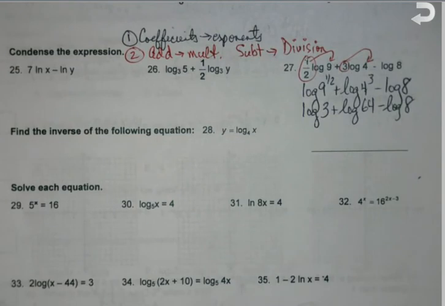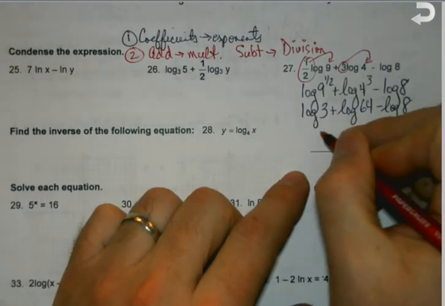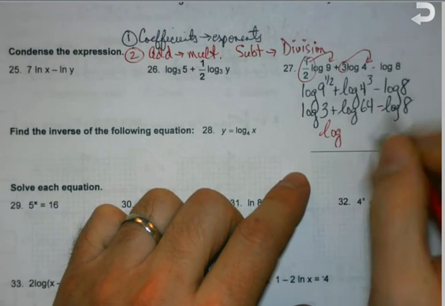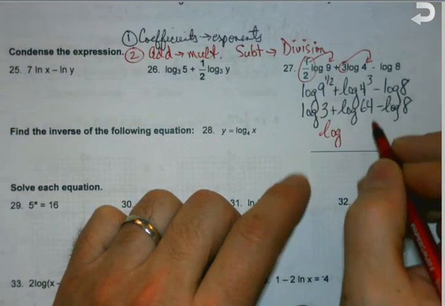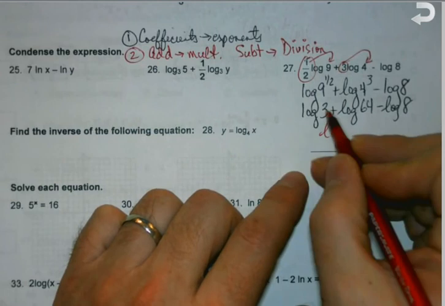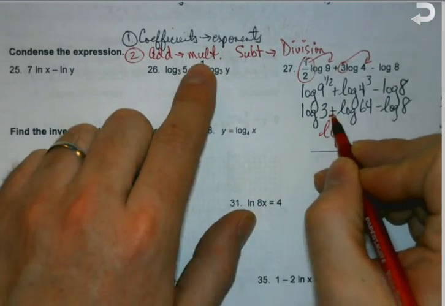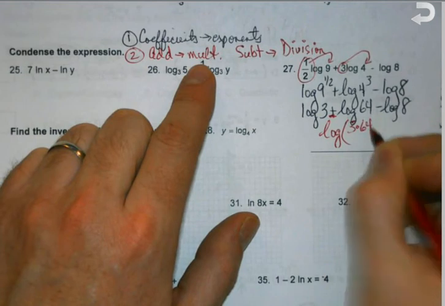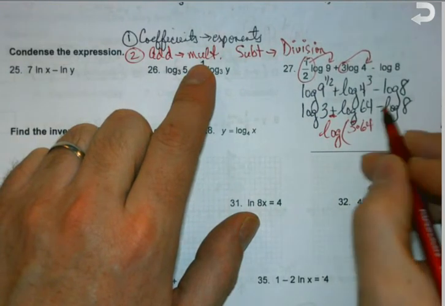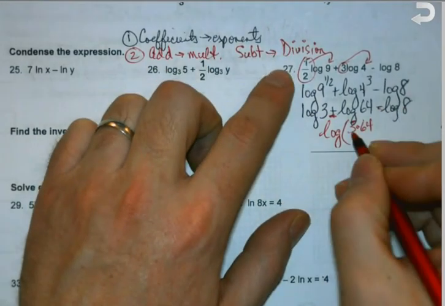Now I can start putting this all together. So at this point, I've got my log equals log of... or no, we subtract. Yep, just to subtract. My plus becomes multiply. So here I've got 3 times 64, and the minus becomes divide.